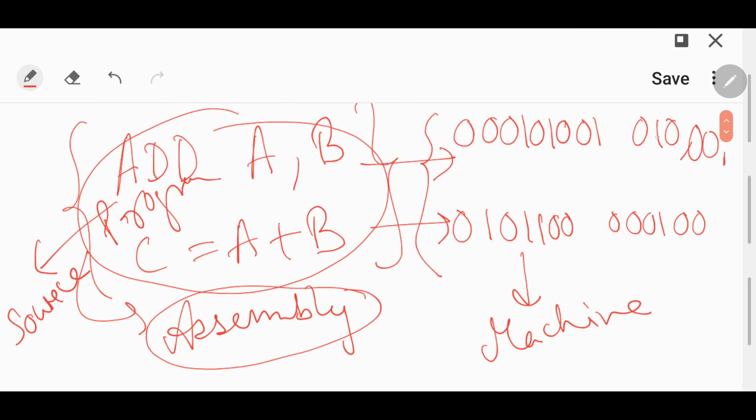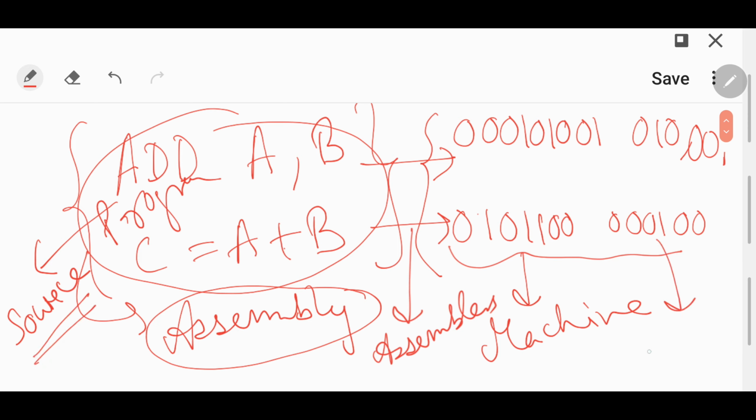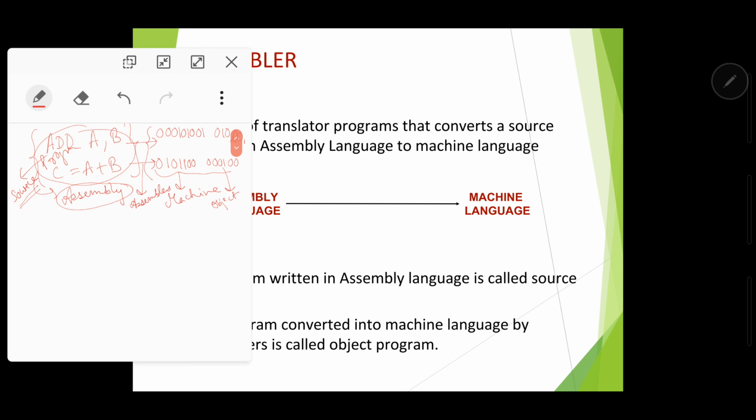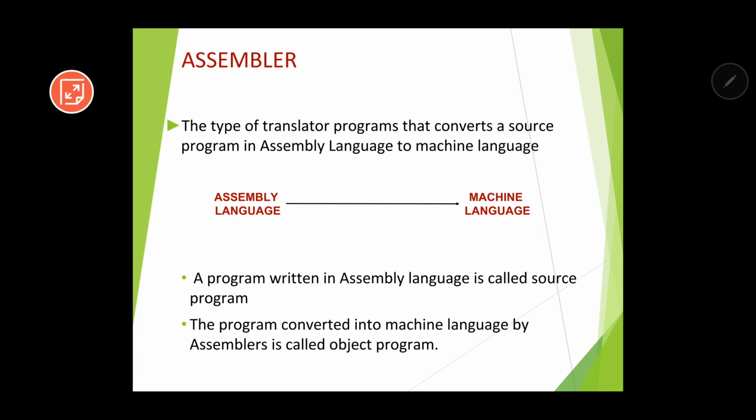The code we write is the source program, and the converted code is the object program. Okay, is it clear? I hope so.